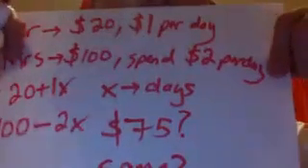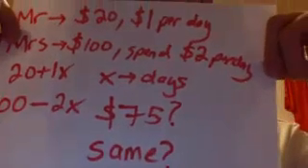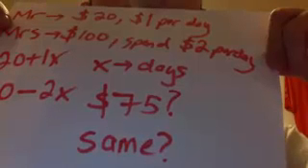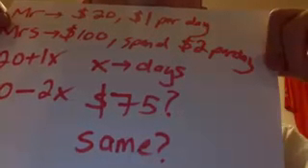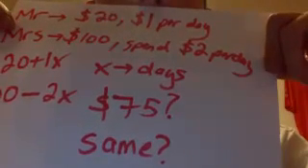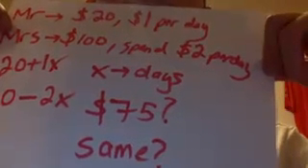And the other thing I want to know is when will my wife and I have the same amount of money should we keep up these spending habits? So I want to know when I have $75, and I want to know when my wife and I have the same amount of money. 2 different questions you should be able to find using these expressions. And again, these should be pretty straightforward.